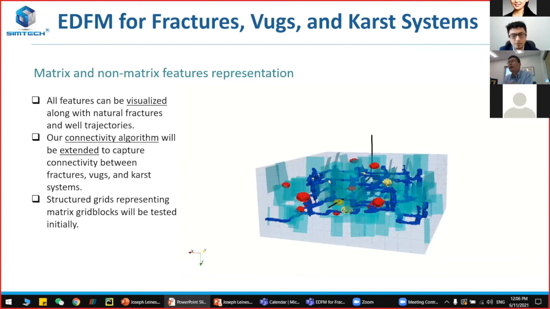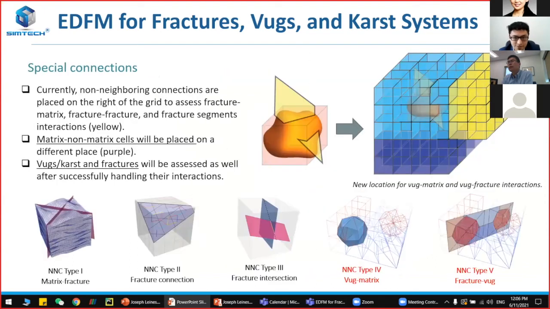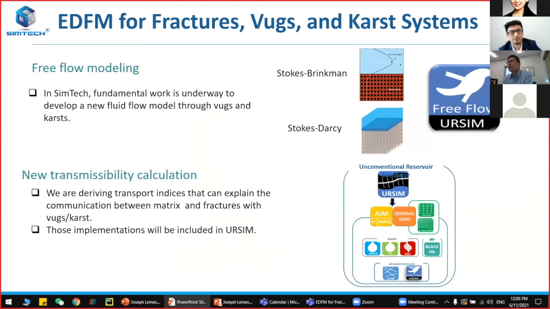Sure. Thank you for that question. Currently we are working on that, and in the next talk from Mauricio, we're going to see a Gantt chart that depicts all our approaches and basically a timeline. Right now we are in the derivation part. In the flow modeling part, we're studying in depth the Stokes-Brinkman and Darcy and Stokes-Darcy models.